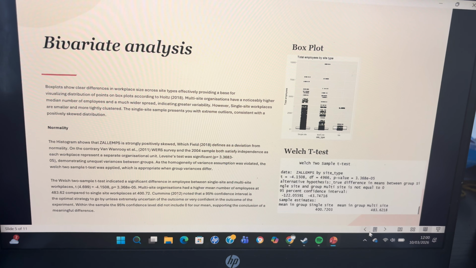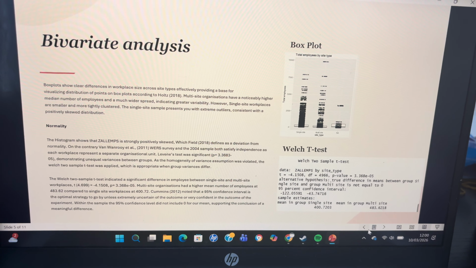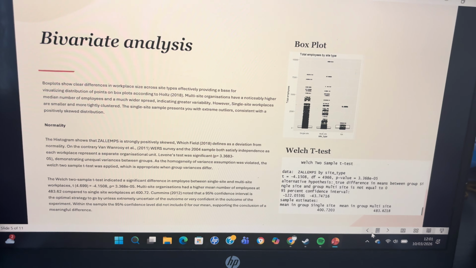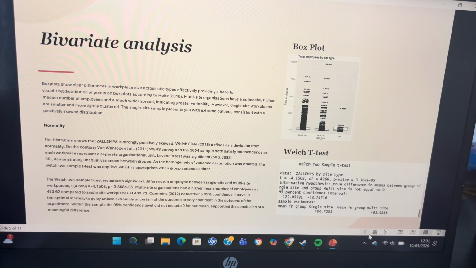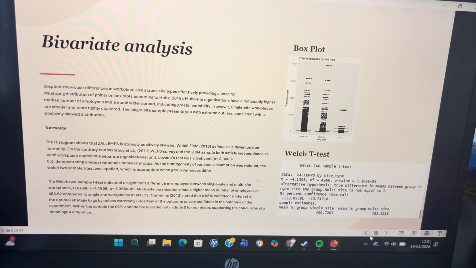The Welch two-sample t-test was applied, which is appropriate when group variances differ.